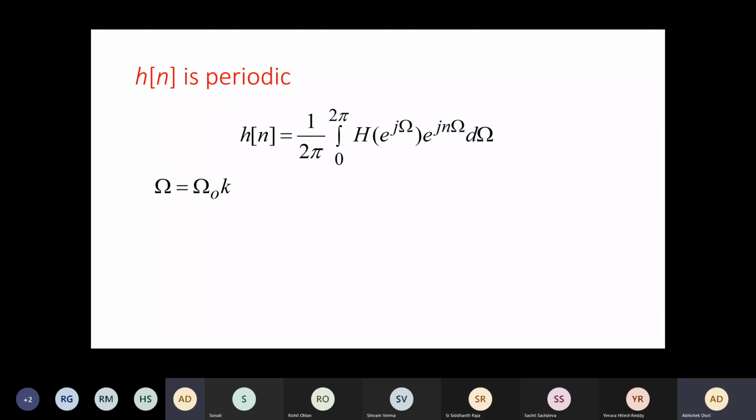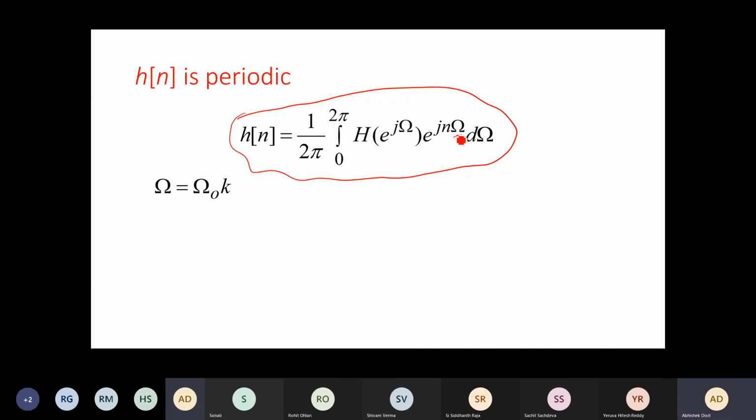So now we are saying if h[n] is periodic with period capital N, then this is not always true, because in this we are integrating over all values of omega, which may not be true. This expression should only be valid for some discrete frequencies, k omega naught.